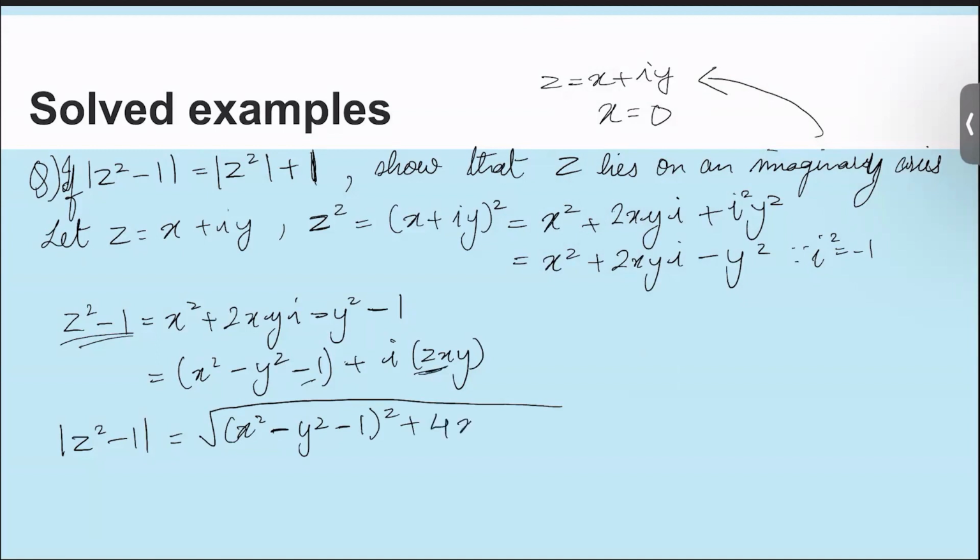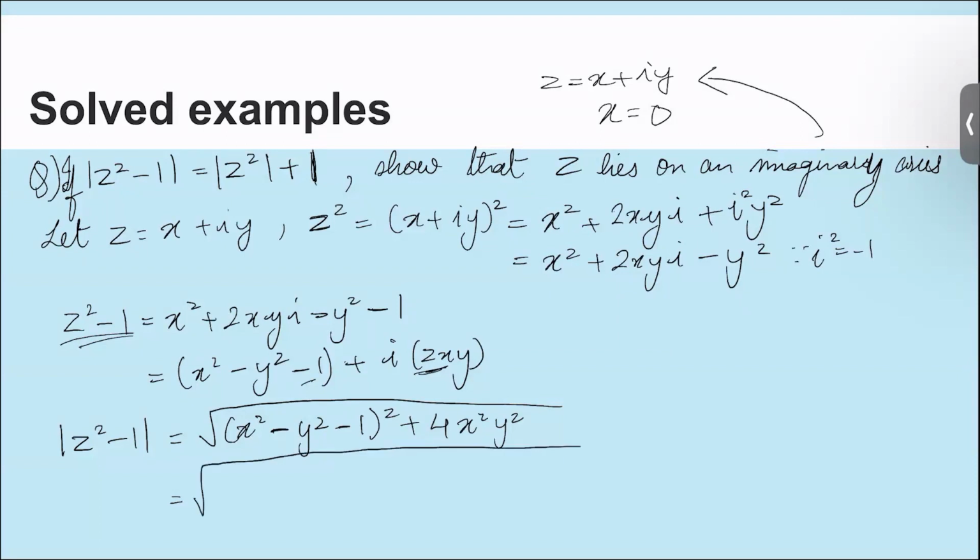So you have 4x squared y squared. Okay, so this is what we get. Now you can simplify the first bracket that we have. So you can write it in terms of x squared minus y squared minus 1.